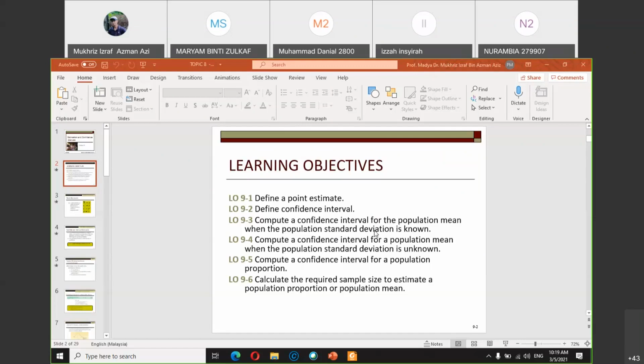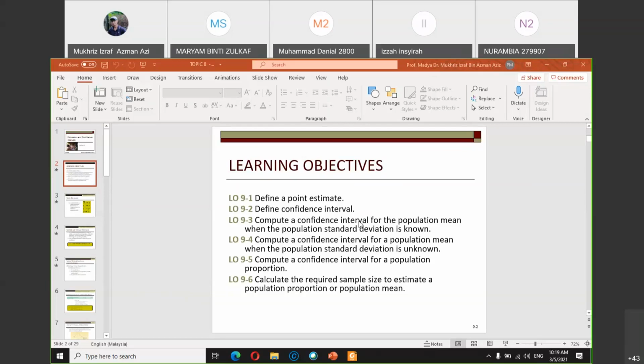And then the difference between the sample standard deviation and the population standard deviation. So whenever we rely on a sample to represent the population, it is expected that the value of the sample will not be the same as the value of the population.